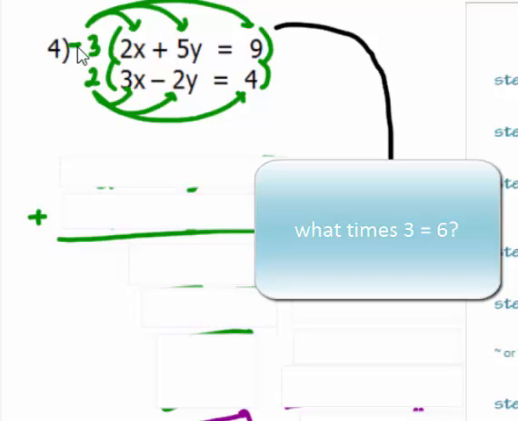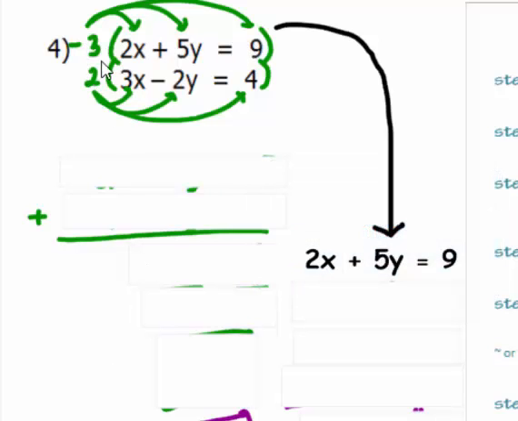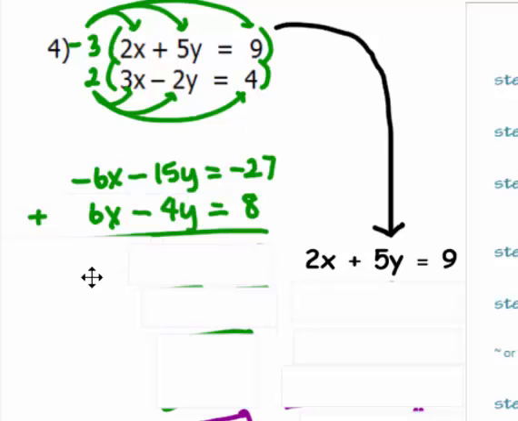I happen to choose multiplying the top equation by a negative. It doesn't matter which one, as long as you multiply one of them by a negative and one by a positive, since we have the same sign here. All that matters is that we get opposite matching numbers. So opposite signs, same number. So when we do that, go ahead and multiply through the top equation, distributing your negative 3, and distribute 2 across the bottom equation.